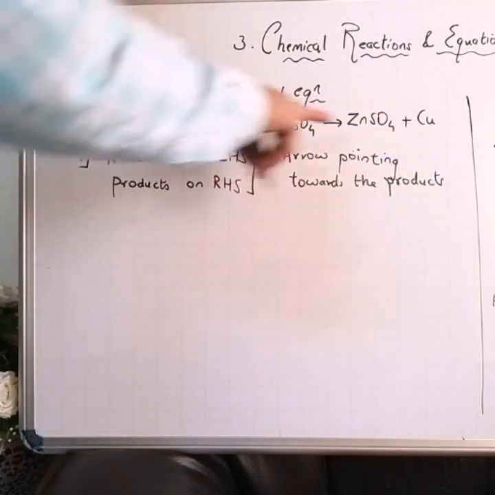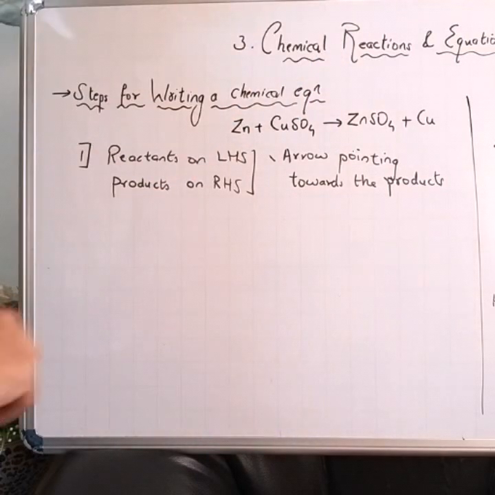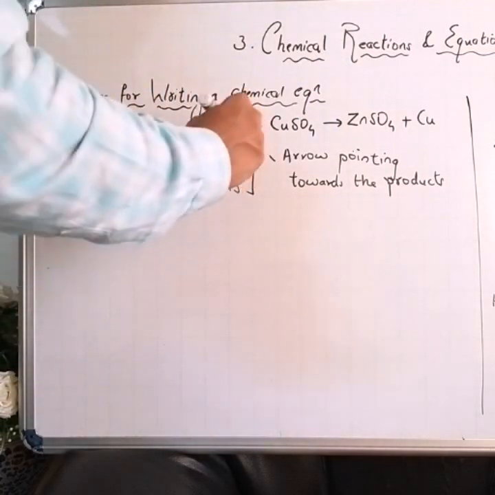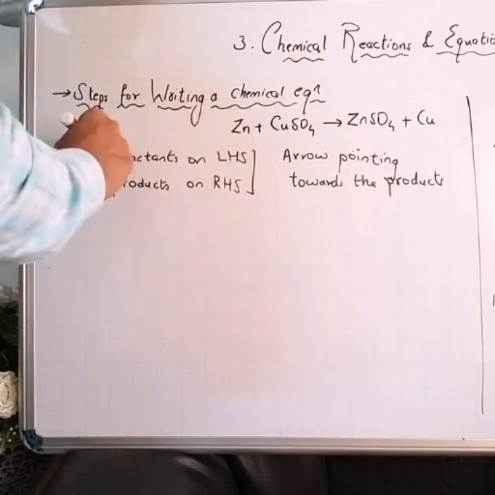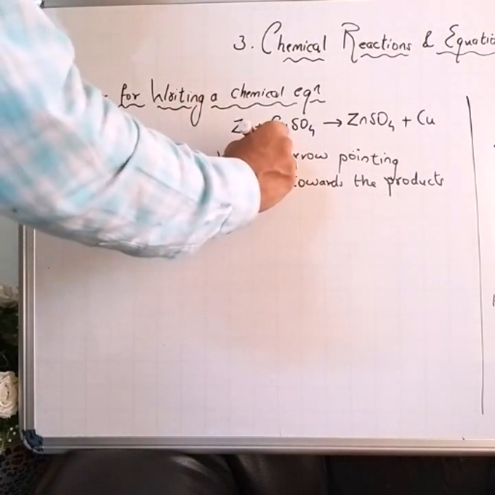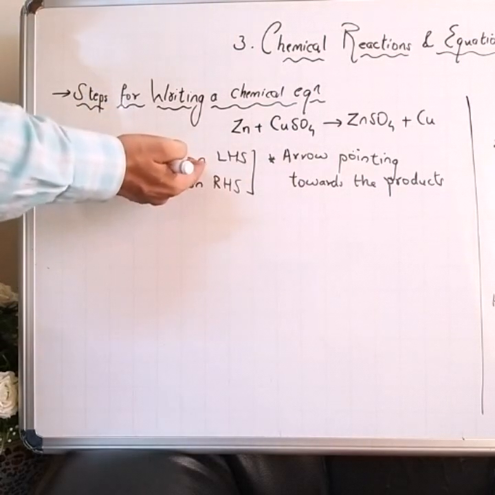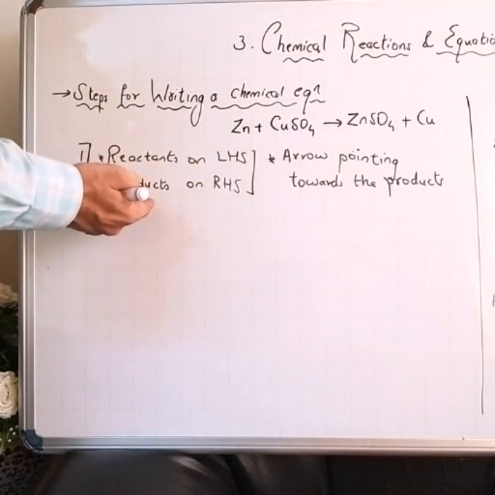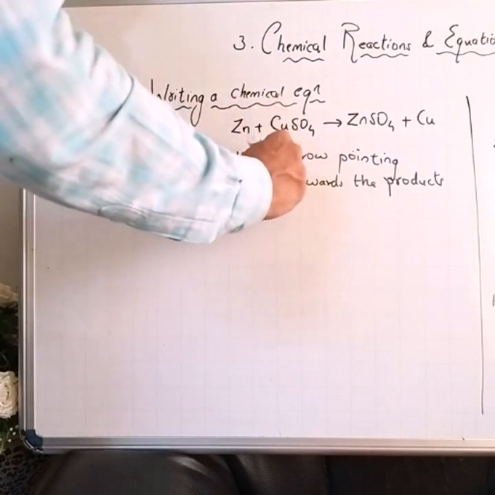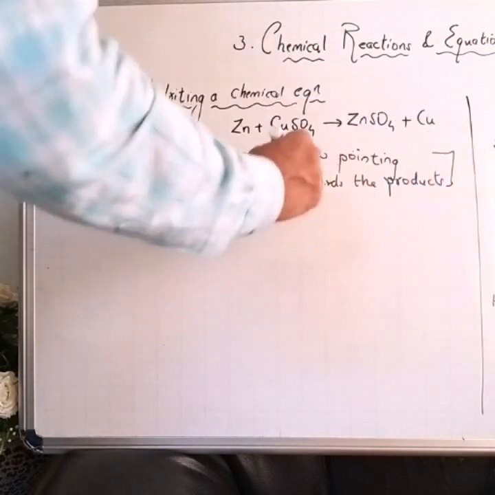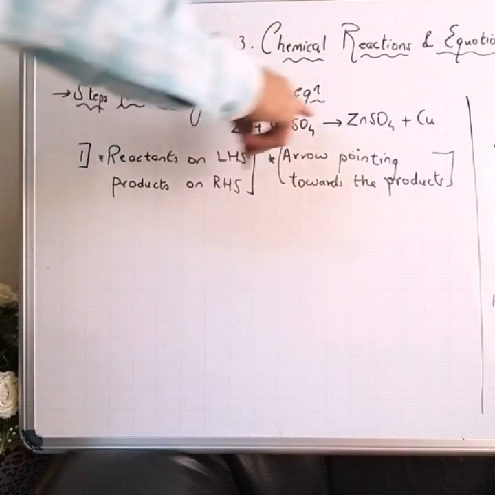The arrow actually is showing you the direction in which the reaction is proceeding. Okay, so these 2 points you understand. First, that's the first step: you should write the formulas and symbols of reactants on the left hand side and products on the right hand side. And secondly, an arrow should be put pointing towards the products.